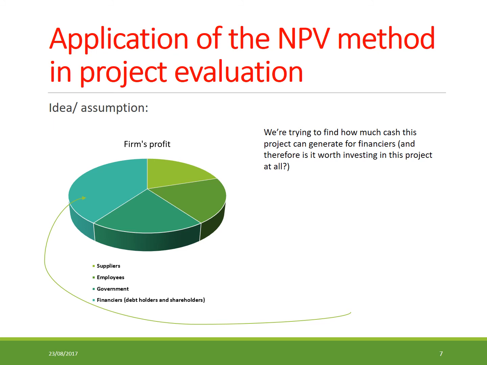An application of the NPV method is a free cash flow analysis, where we try to work out the cash flow distributable to the financial suppliers of the project or the firm.